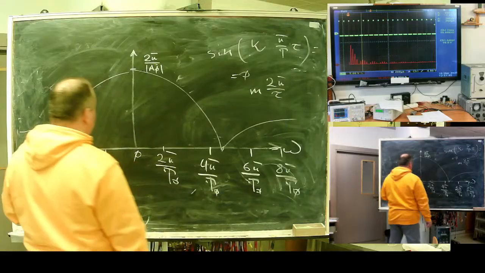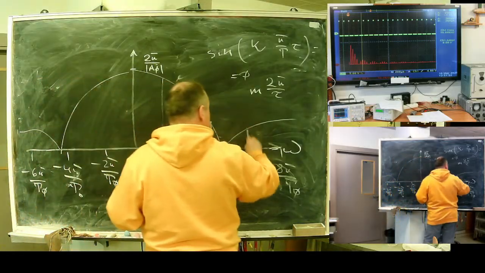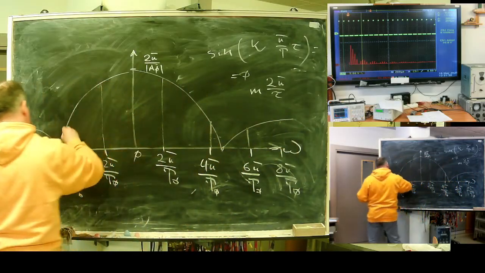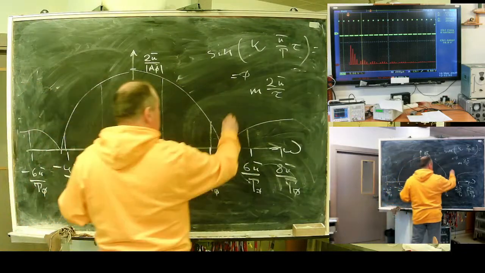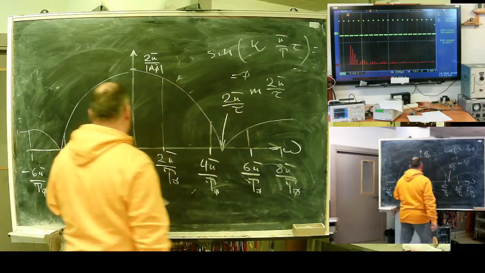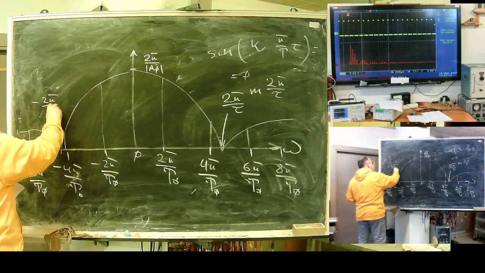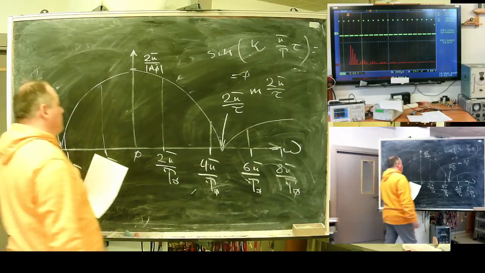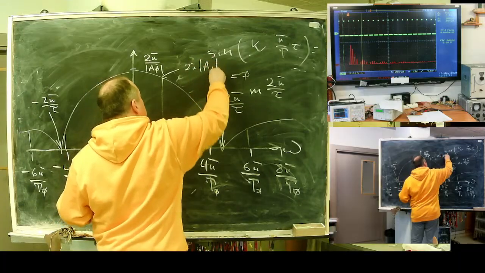See that? What's the trick here? This is the point 2π divided by tau, zero point, minus 2π divided by tau. 2π is the magnitude of the first harmonic.